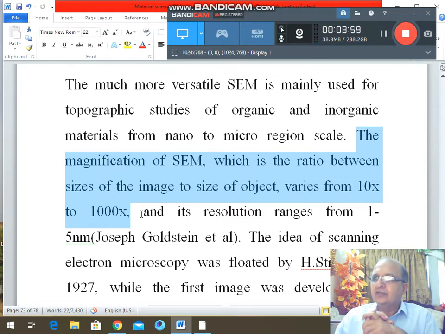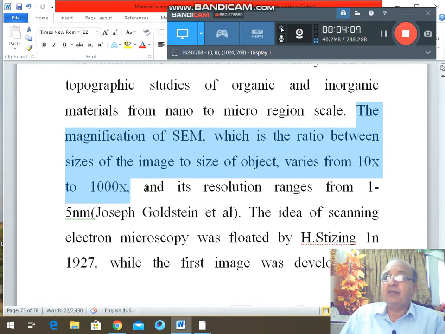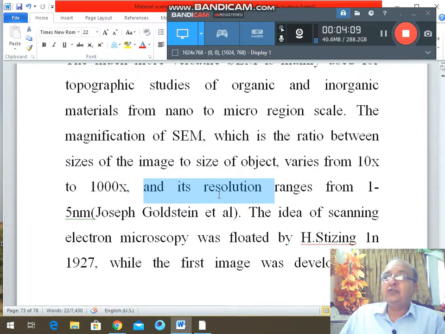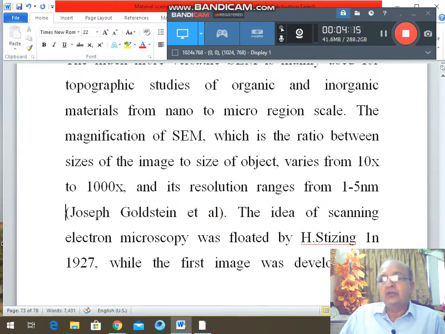And magnification is from 10x to 1000x, and its resolution ranges from 1 to 5 nanometer, meaning that if the objects are very close, from 1 to 5 nanometer, and you want to see them with the scanning electron microscope, then you will see them separately.